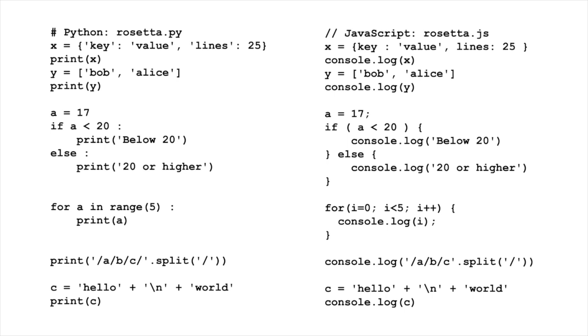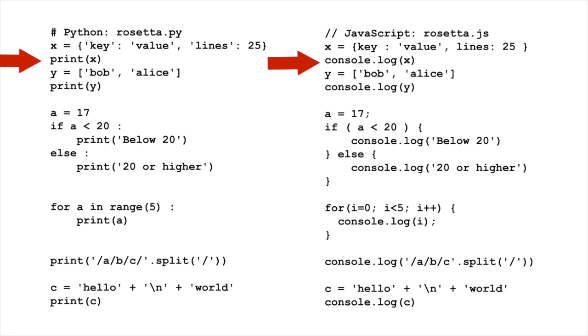If you look at the Python, you see x equals key value in lines, and that's a dictionary constant, and it uses curly braces. If you look at the JavaScript, it is the same except that the keys are not strings. Key is actually a member variable of the object. Lines is a member variable of the object text. So we print them out.